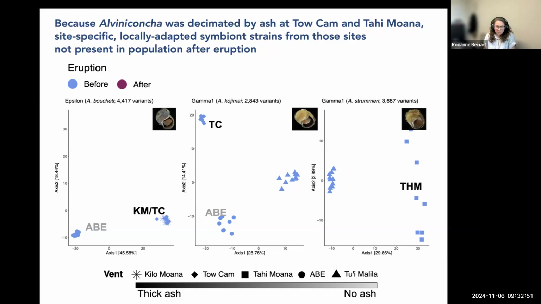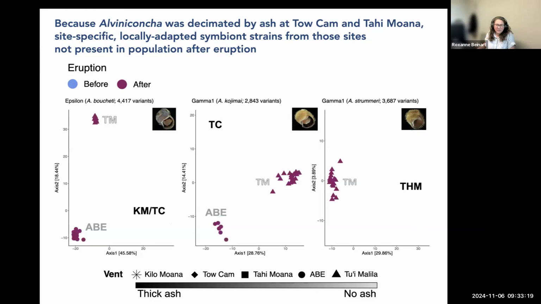And so this is a sample set that we had taken before the eruption, looking at this diversity and seeing this pattern, which we had seen previously. And then we were able to go back after this eruption and do this all again, collecting as many animals as we could from the different sites to look at how population level structure and diversity might have changed in response to the eruption.